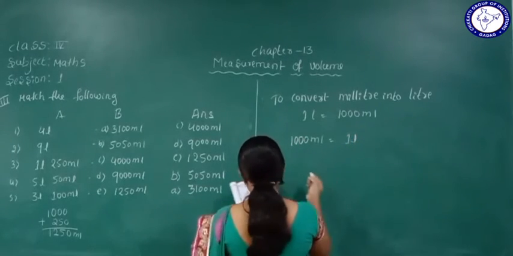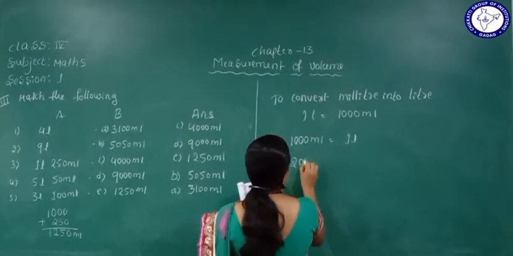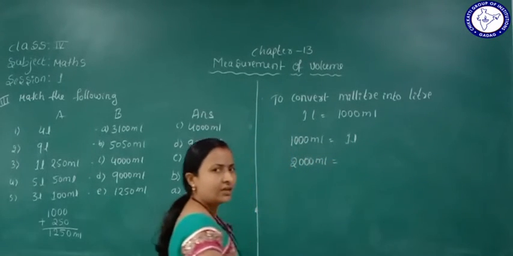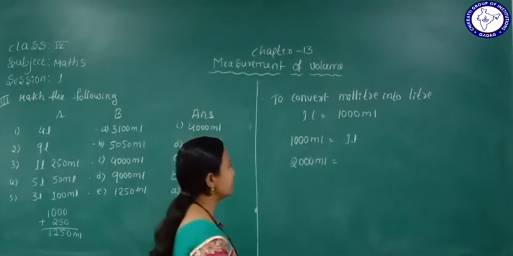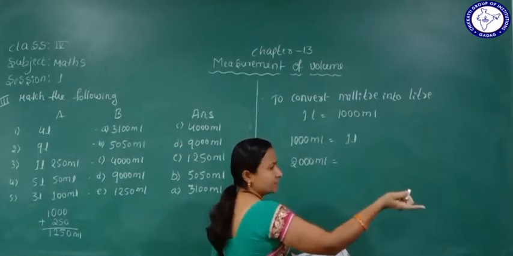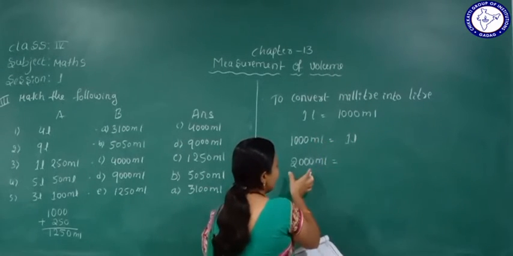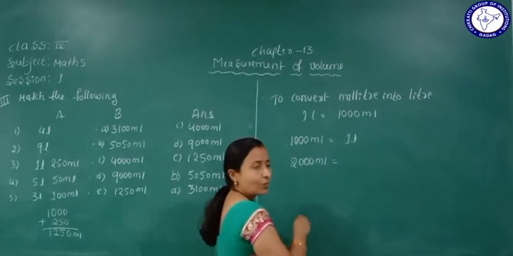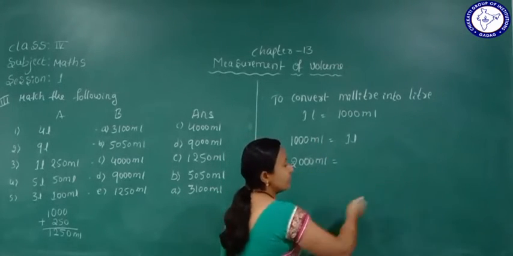Understood? So if it is given here 2000 ml is equal to, how will we convert? First, 1000 ml is equal to 1 liter, as already mentioned. But now we start with 2000 ml is equal to, so we will convert milliliter into liter.